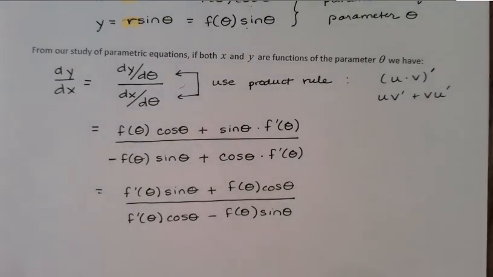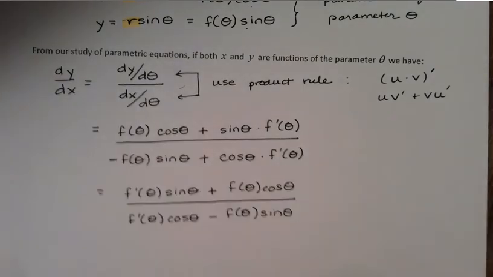So that is typically what we'll use as our method, it's not really a definition because we proved it, for calculating dy dx, the slope of the tangent line, if we're given a function in parametric form. That is given to you again, formally, in the box at the top of the next page.